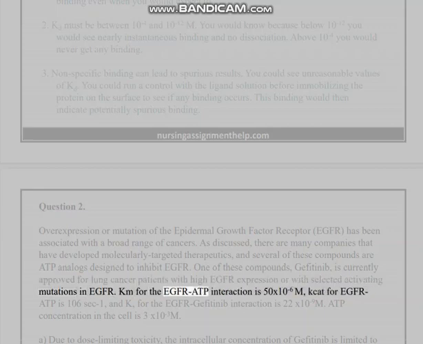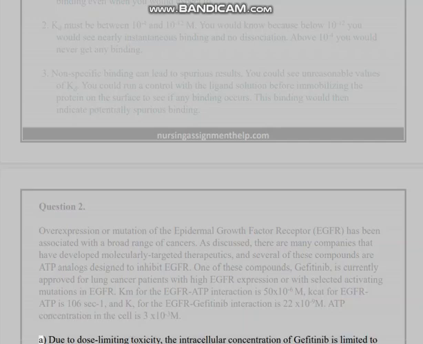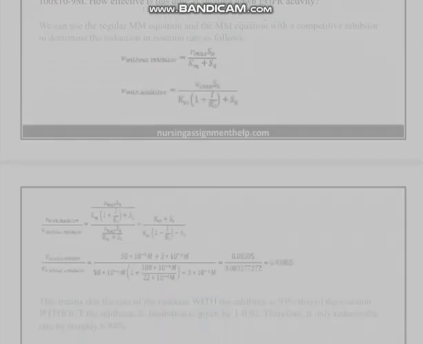Km for the EGFR ATP interaction is 50 × 10^-6 M, kcat for EGFR ATP is 10^6 s^-1, and Ki for the EGFR gefitinib interaction is 22 × 10^-9 M. ATP concentration in the cell is 3 × 10^-3 M. Due to dose-limiting toxicity, the intracellular concentration of gefitinib is limited to 100 × 10^-9 M. A. How effective is this dose at shutting down EGFR activity?